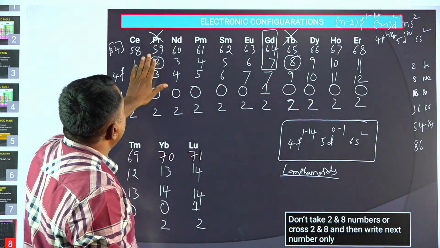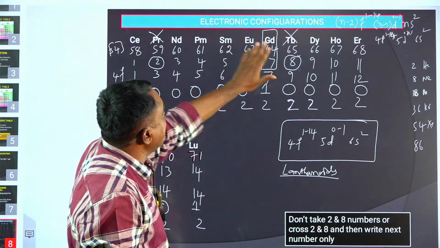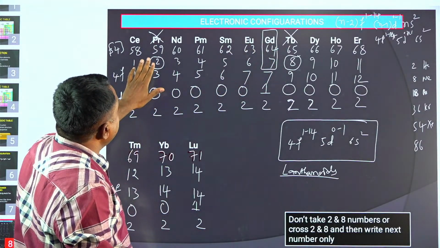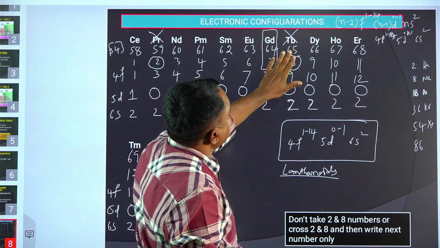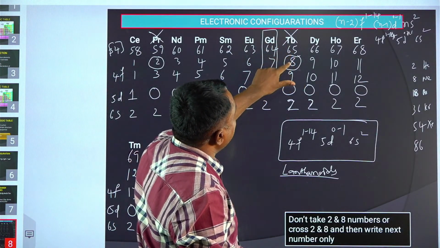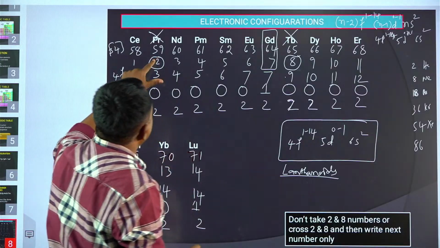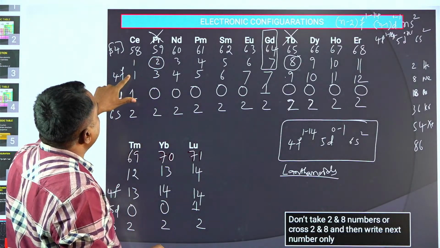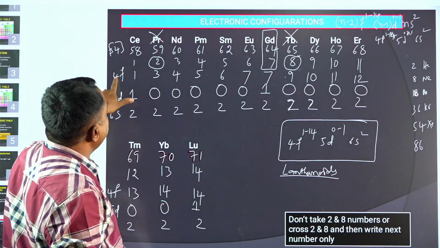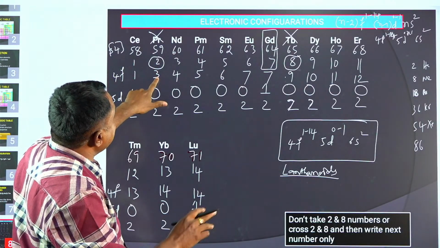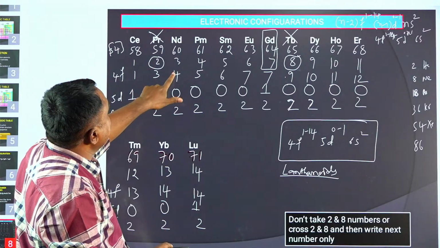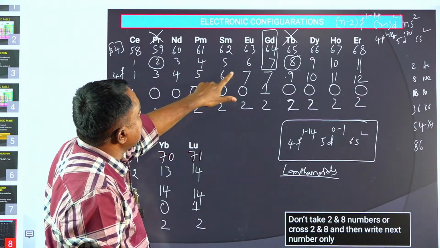These two you don't take, the second and 8th. And then you write the next number for the second and the next number for the 8th. The next number for the 8th is 9. The next number for the second is the 3rd. Therefore you write the first element 1 in case of 4f. The second is blank, therefore you write the next number, that is 3. 4, 5, 6, 7.